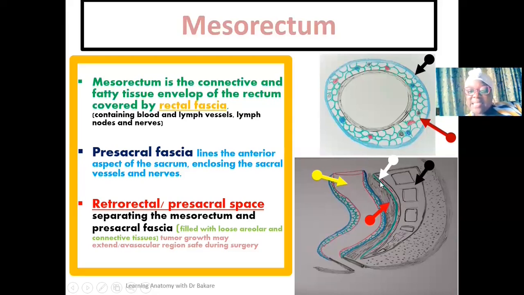So this space is seen to separate the mesorectum anteriorly and the presacral fascia posteriorly. And what is contained within this space are loose areolar tissue and also connective tissue. There are no vessels seen to be present within this space, and that is why it is an avascular region that is safe during surgery. And also it creates a potential space for tumor of the rectum to extend into.